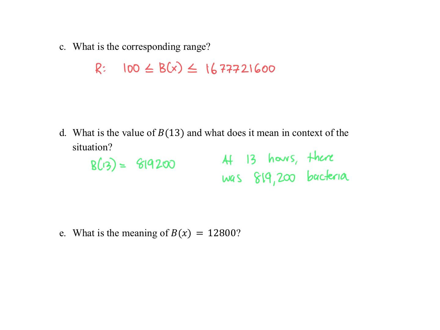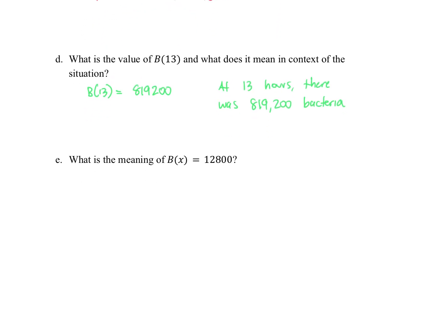And the other question that I like to ask is, what is the meaning of b of x equals 12,800? So again, I'm not asking you for a value here. I'm just asking for meaning. In this case, I'm not giving you the number of hours. I'm giving you the output, which is the number of bacteria.